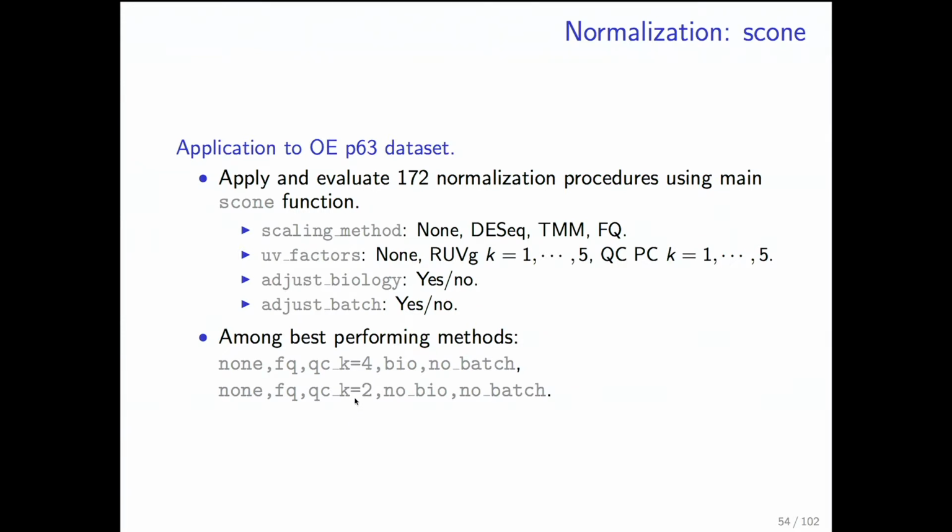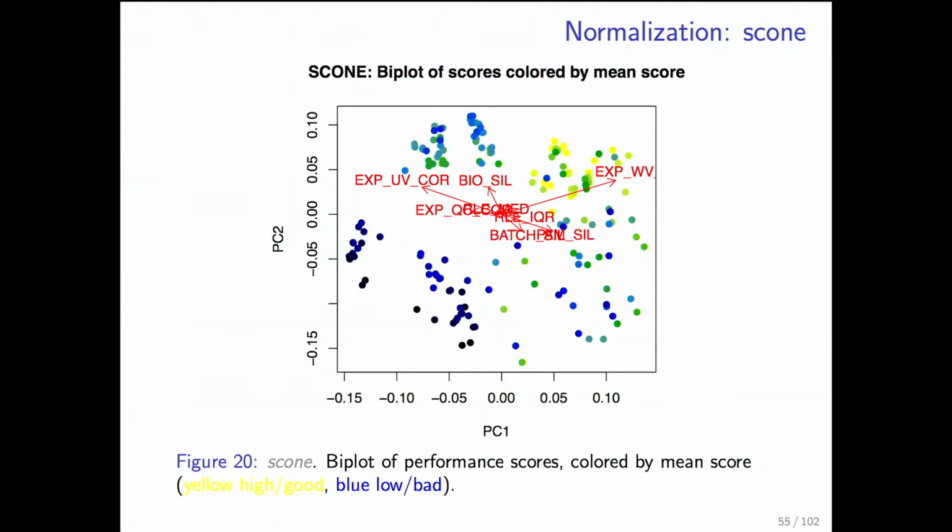These results actually make sense when we go back and think about our exploratory data analysis plots. Here it's important to note that when we do regression on 4 QC measures, we also have to adjust for biology, probably because if we adjust for 4 as opposed to 2 QC principal components, we end up removing some biology. By adjusting for biology, we make sure we keep the biological effect in the counts. This is one of the main plots returned by scone. It's a biplot.